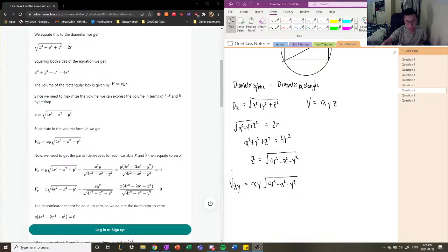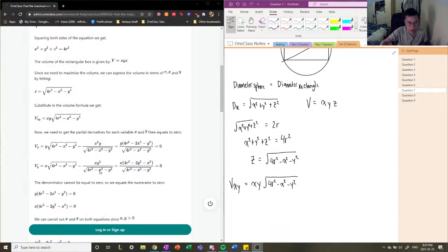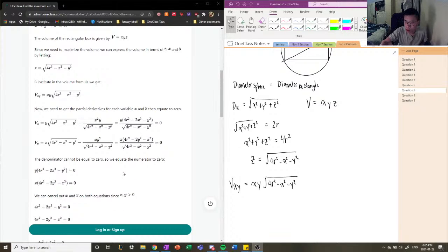So now that we have a volume formula in terms of x, y, and the radius, we're going to calculate the partial derivatives of our equation here. By finding the partial derivatives of our functions, we're able to find the critical points and equate them into a system of equations.